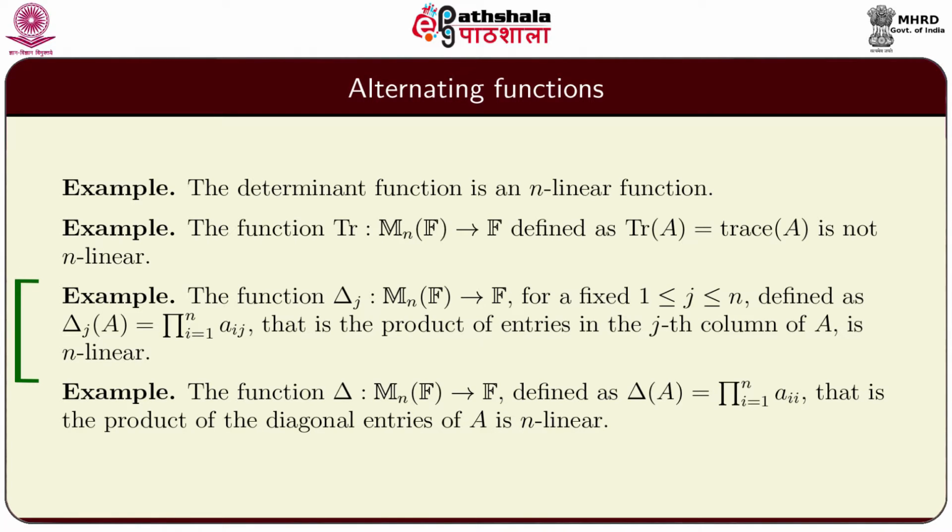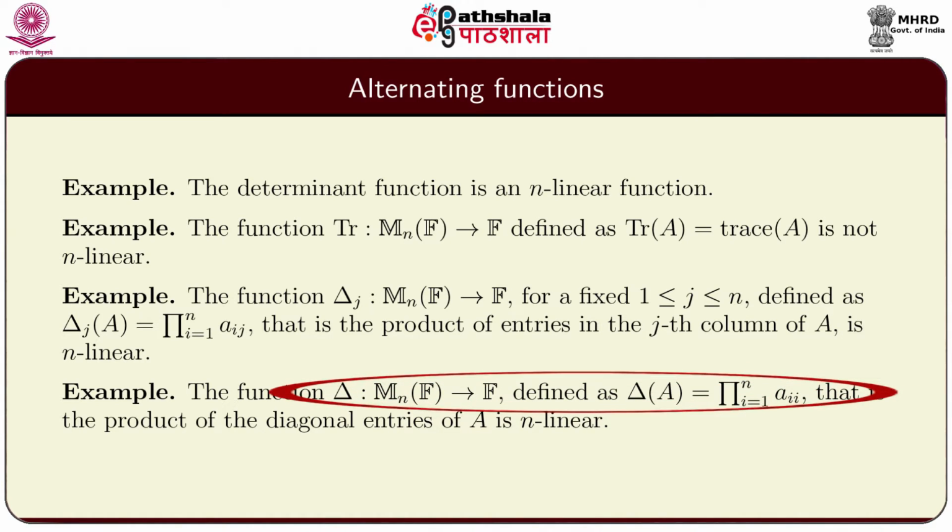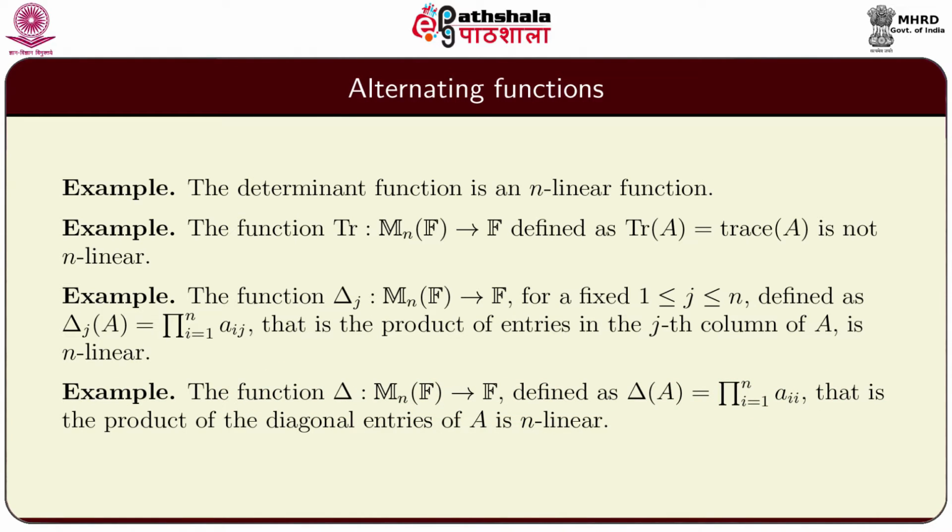That means for a fixed j, this is the product of entries in the jth column of the matrix A, and this is an example of an n linear function. And the next example says that the function delta from MnF to F defined as delta of A is equal to product of i equal to 1 to n, that is the product of the diagonal entries of A is n linear.